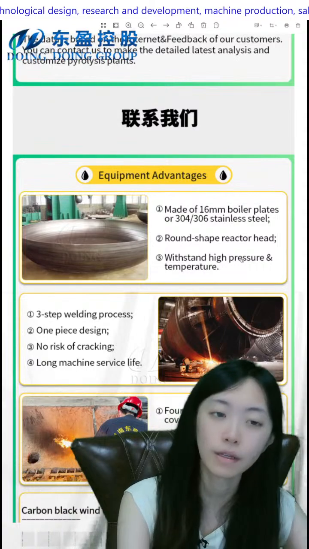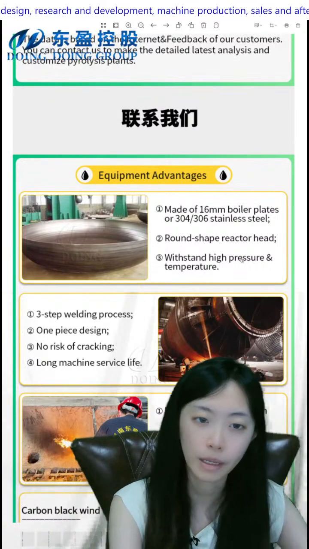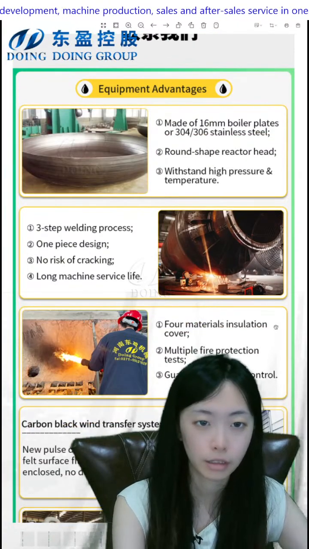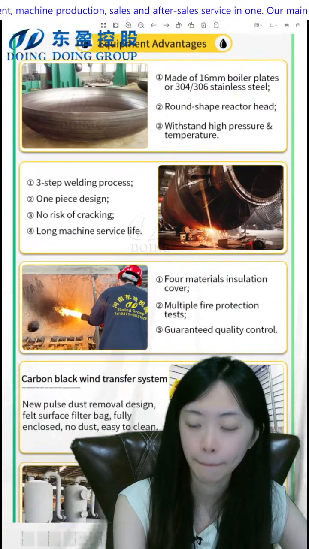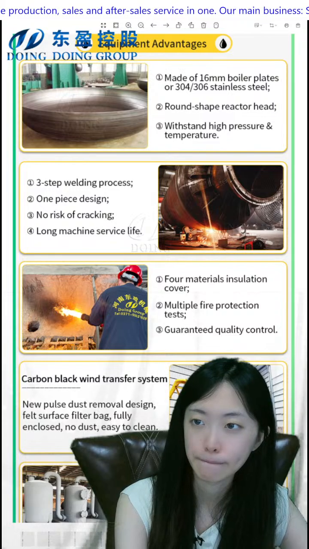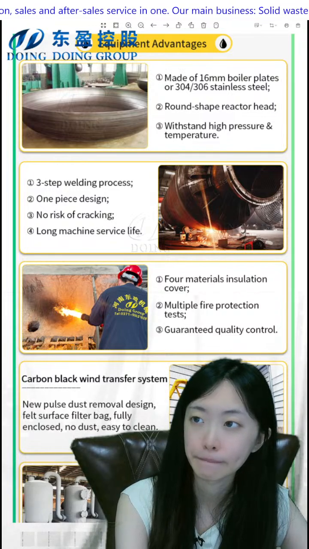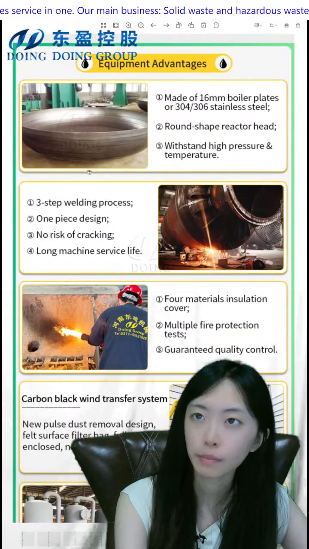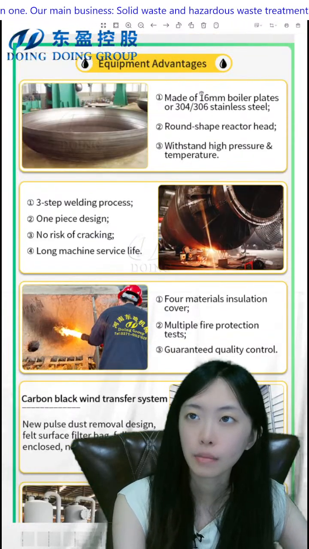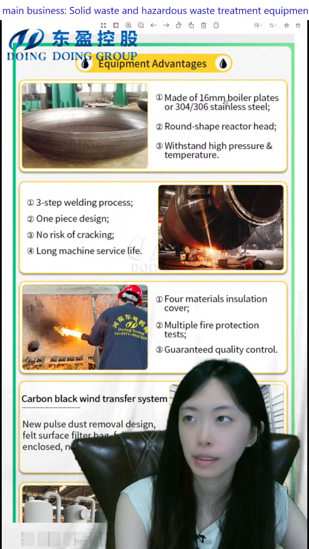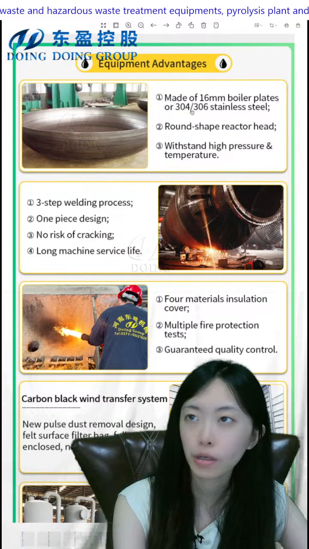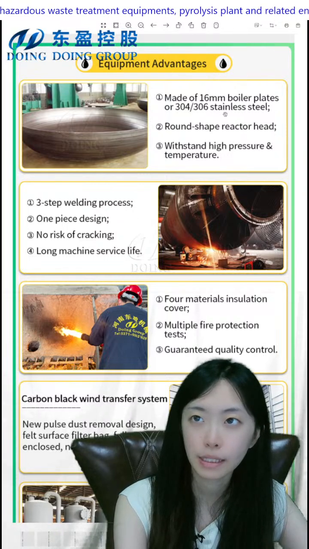These are some advantages of our equipment compared with other manufacturers and companies. For example, the head is made of 16 millimeter boiler plates, or 306 stainless steel.